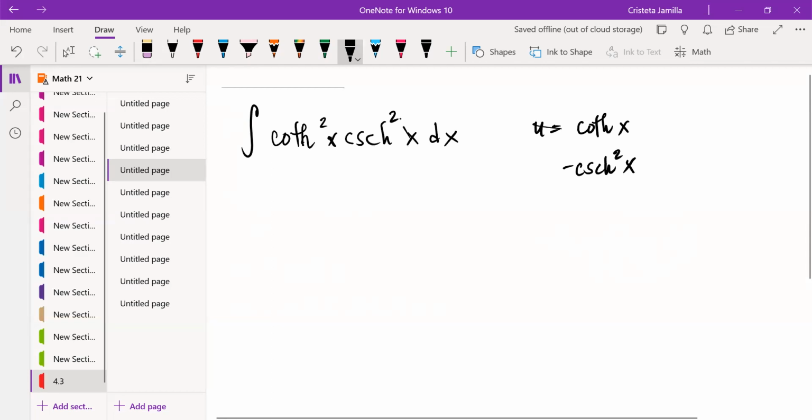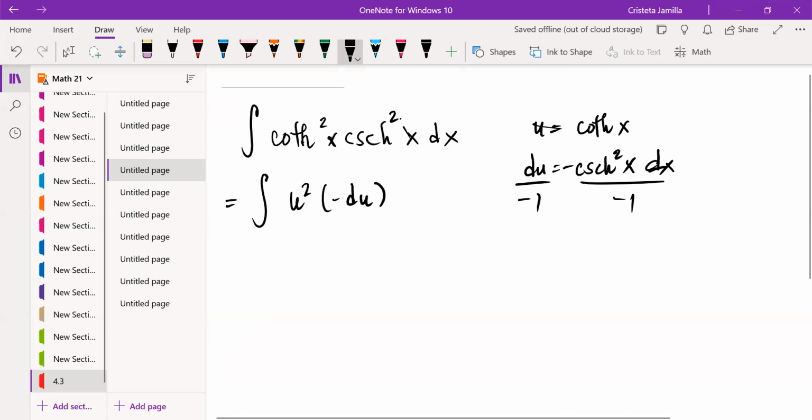So we can let this one be u, and this one is du, and then just add dx here. Therefore, we have the integral of u squared, and then dividing by negative 1, we have negative du. So we just have the negative integral of u squared du.